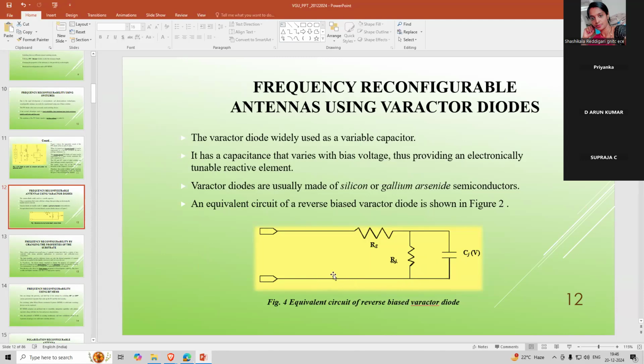This is inbuilt, the varicap or variable capacitor diode, the varactor diode. During the simulation, you can get the different values, and with respect to that, we get the different resonant frequencies, S11 values, all those things.